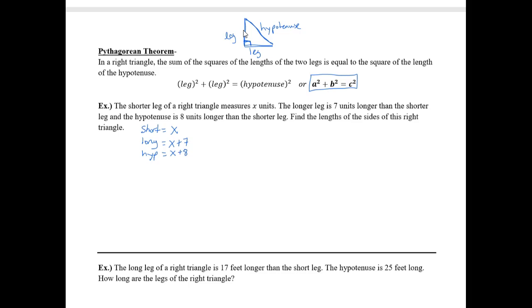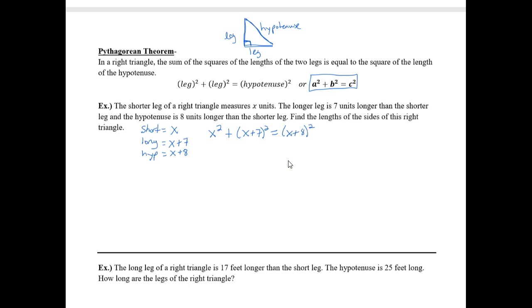Now I fill those in for my a, b, and c. Remember, I have to square the legs, and that will be equal to the square of the hypotenuse. So x squared plus that whole quantity, x plus 7 squared, will equal the hypotenuse squared, x plus 8 squared.